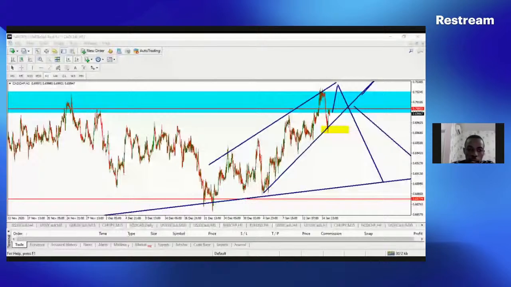Okay, let me look at it. It's still a good uptrend from what I can see.